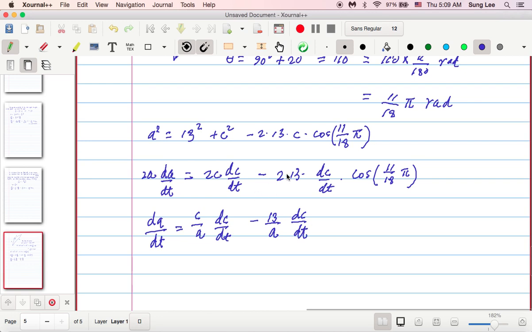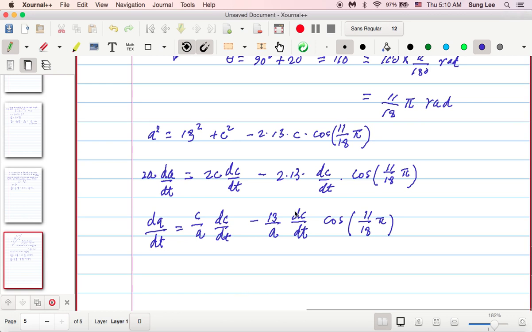Now you see why I left the 2 times 13 instead of 26. Once we know c and A and then dc/dt, we can calculate dA/dt.